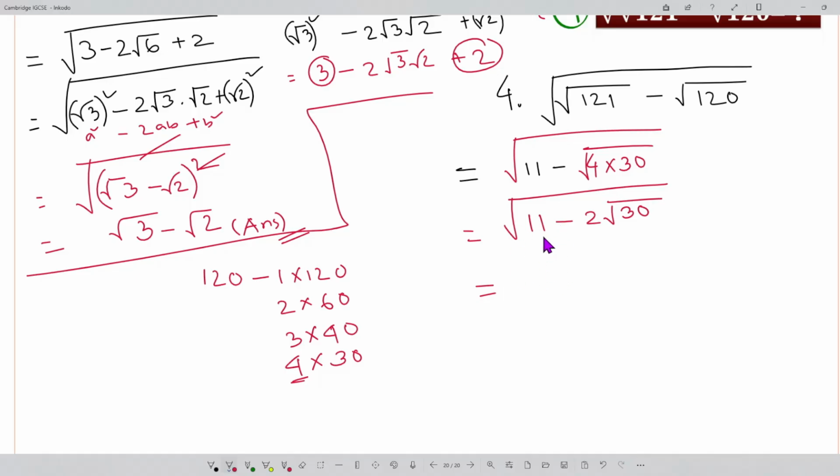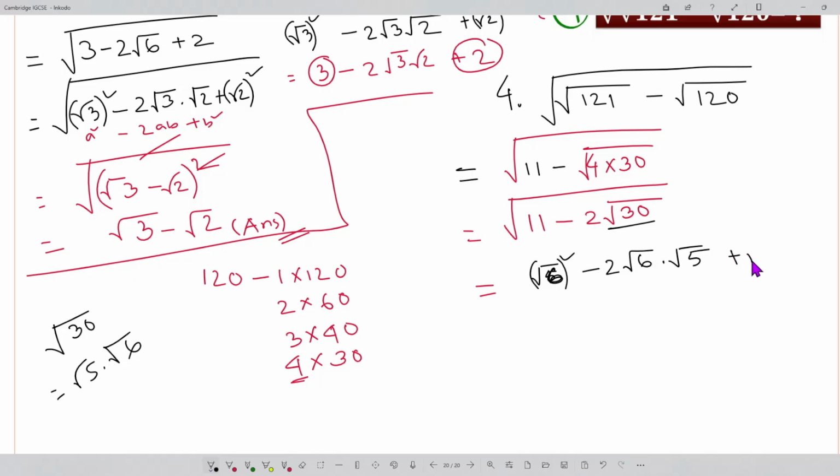This is 11 but here is root 30. Root 30 we can write as root 5 times root 6. Another thing, look, root 6 square minus 2 root 6 times root 5 plus root 5 square.